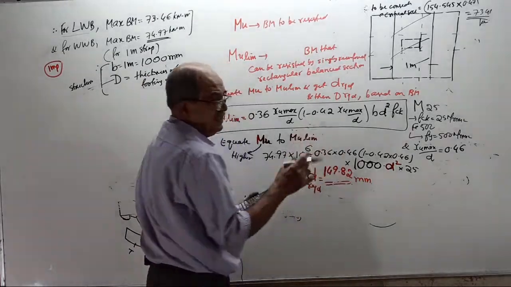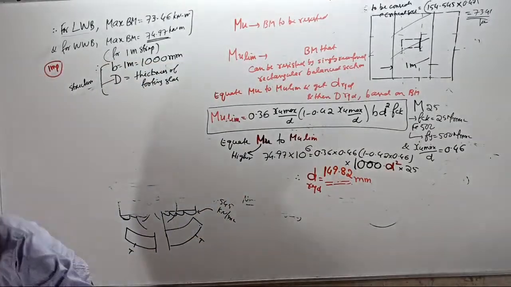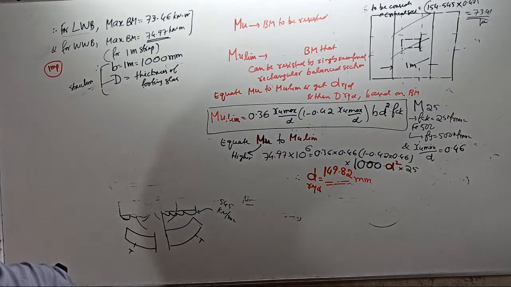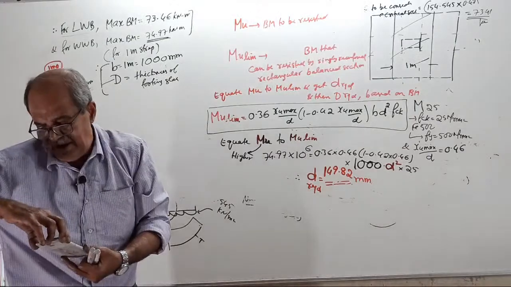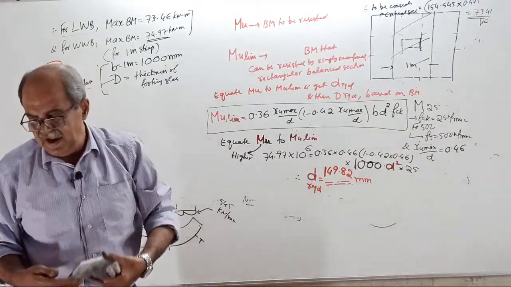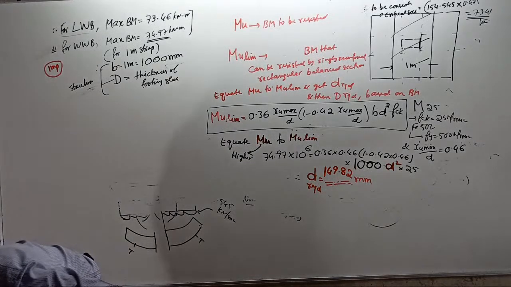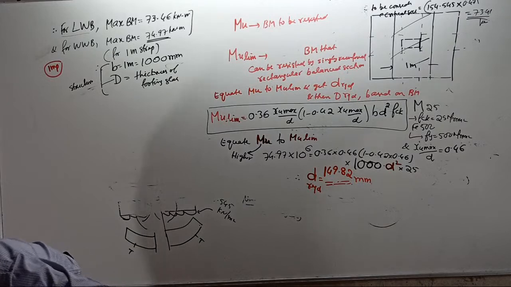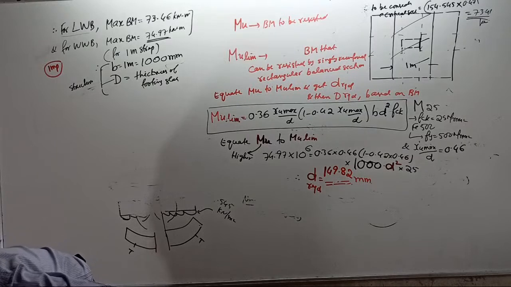149.82 millimeter. Tell me, correct or not? I calculated. 149.82, with 816 after the point, so 149.82 millimeter. Tell me correct or not, fast. I want a comment because I want to go to the next step. If correct, I will go to the next step; otherwise I will stop the class.